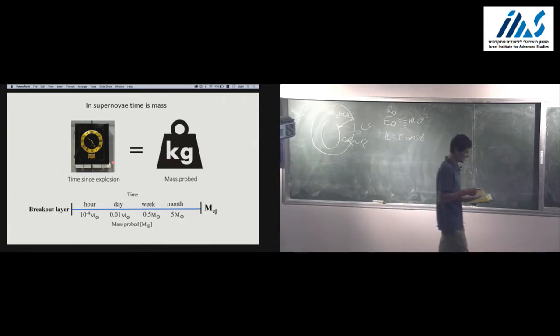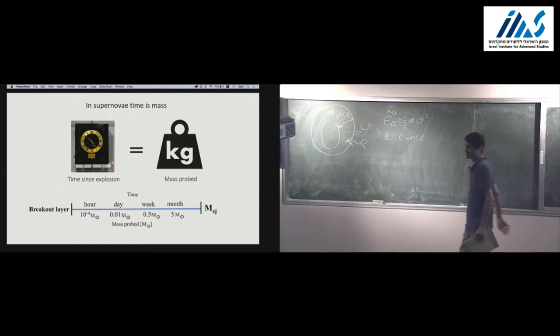So for that, I first remind you what we derived briefly several days ago, which is what is a condition for the time scale, for the dynamical time scale, to be also the diffusion time scale.